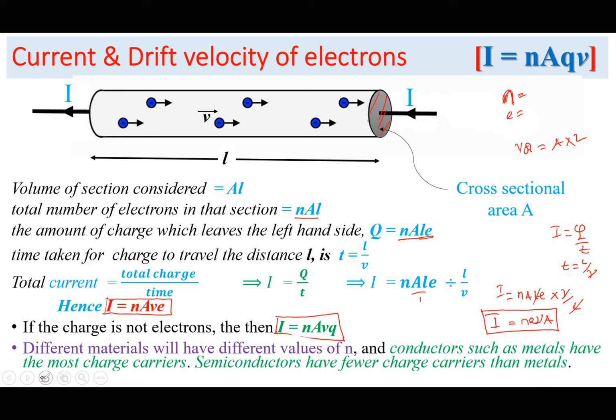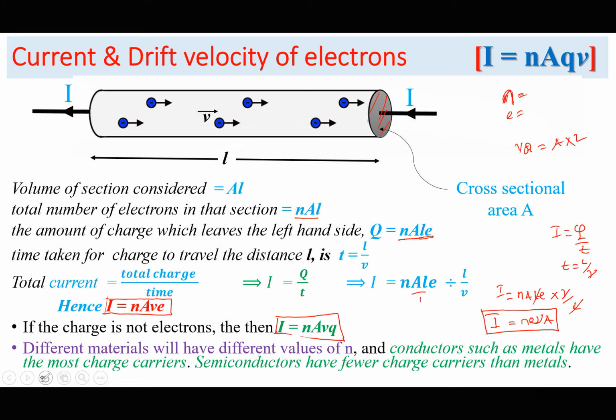So different materials will have different values of N, and conductors such as metals have the most charge carriers. So that's why they are good conductors. Semiconductors have fewer charge carriers than metals. So the value of N for semiconductors is very small, and that's why semiconductors are not as good in conduction as metals.